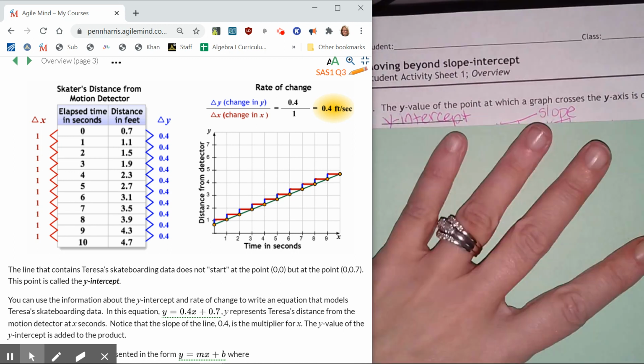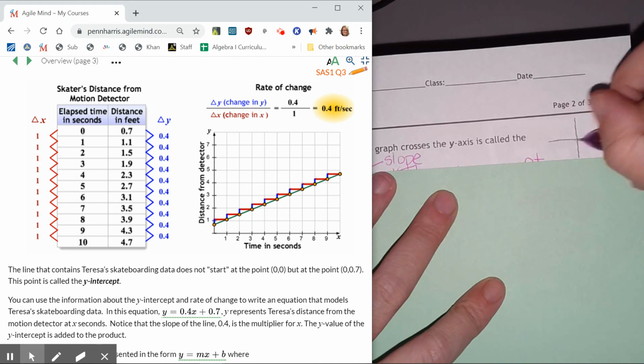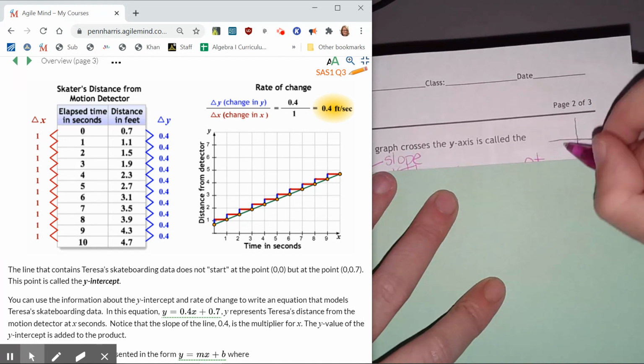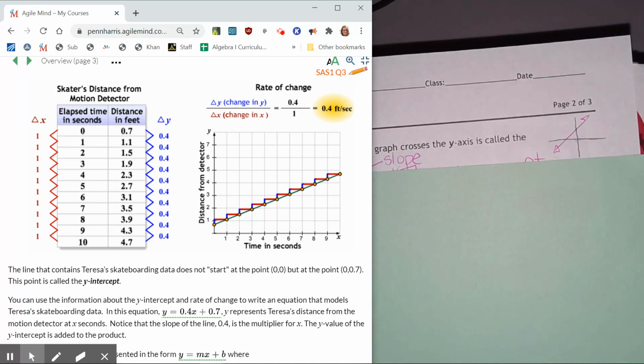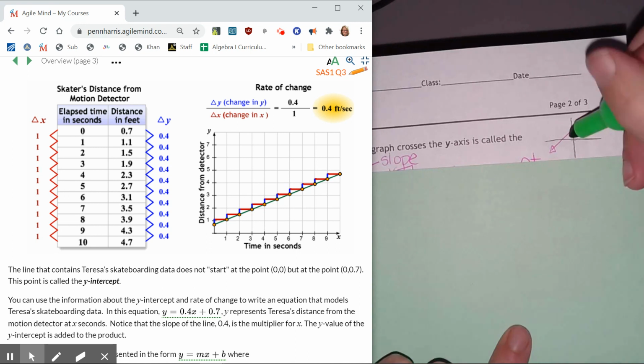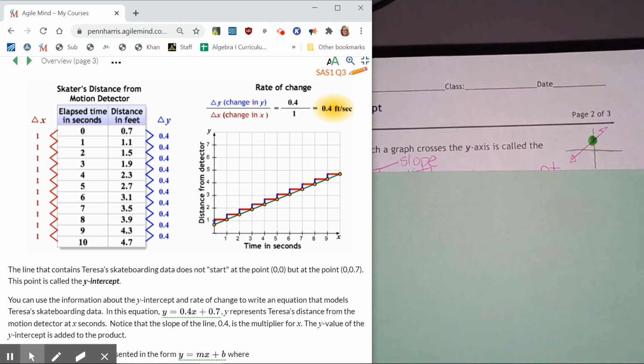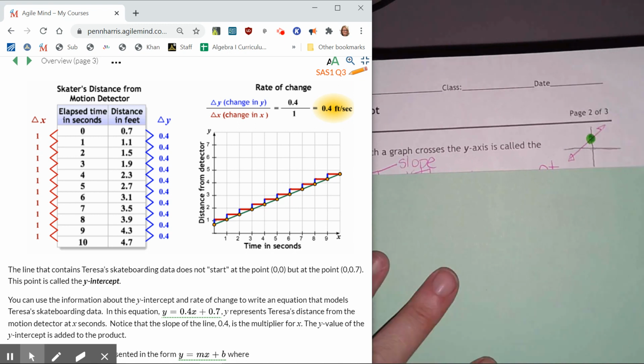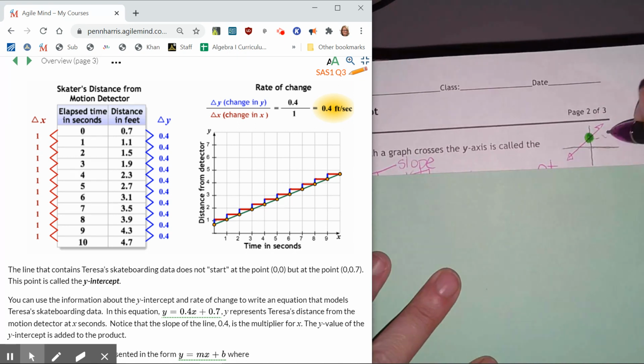As an example, if I have a graph right here, and say I've got my line here in pink, something like that. This point right here, where it crosses the y-axis, that is what we call our y-intercept.